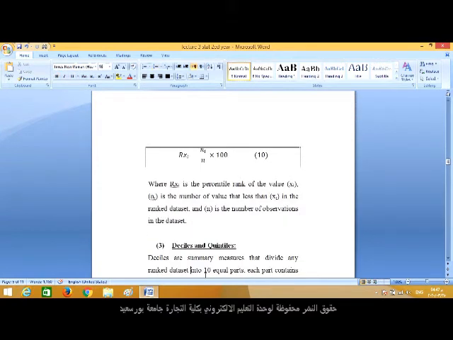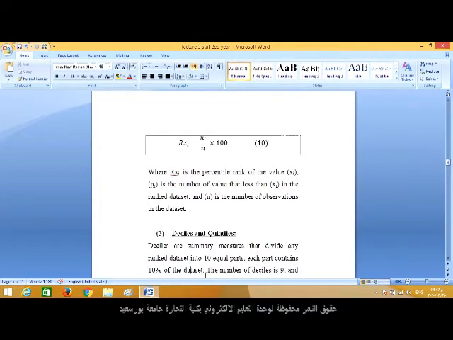Deciles and quintiles. Deciles are summary measures that divide any ranked data set into 10 equal parts.